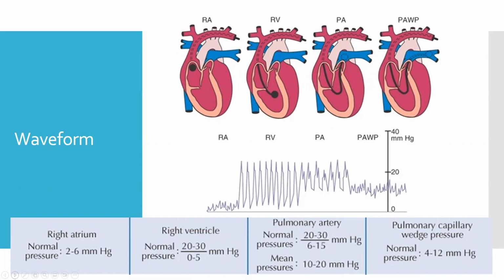They can tell where it is many times by the pressure that it's reading. So definitely spend some time just reviewing this. It's also going to help you identify right heart versus left heart failure and the extent of it.